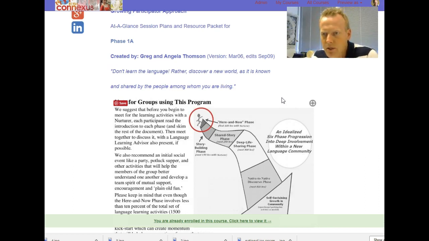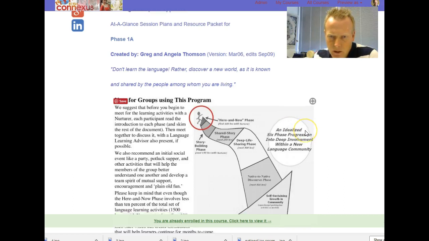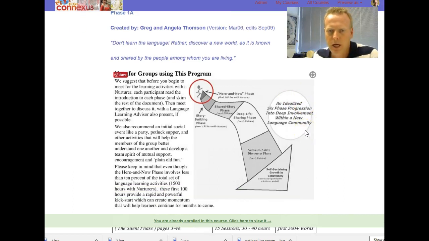So this is phase 1A, and it focuses completely on the here and now. So physical objects, things you can see around you. The idea of this particular curriculum is to grow in a natural way. Phase 1 is the here and now phase. It's about 100 hours. You've got phase 1A and phase 1B.